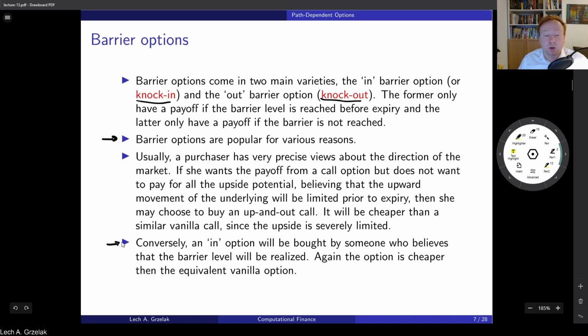Of course, those contracts can also be considered by investors who believe that the stock will not reach a certain level. However, I think it is more that if you have a client who would like to buy such a derivative, then you can offer it to this client. But if you are buying for yourself, I think it's more for speculation.